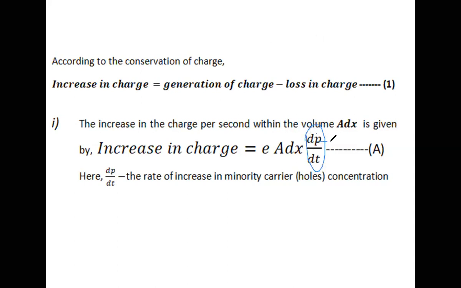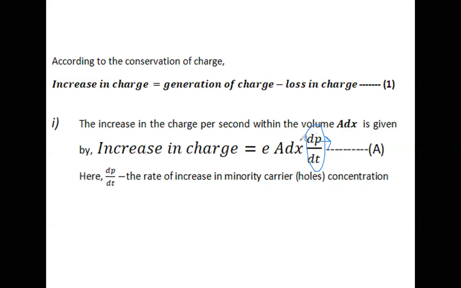P means the concentration of holes in an n-type semiconductor. dP by dt represents the rate at which the concentration of holes is changing. That means it will give you the number of holes that are changing in a given time, or the number that is changing with respect to time. Number of holes, number of minority carriers.